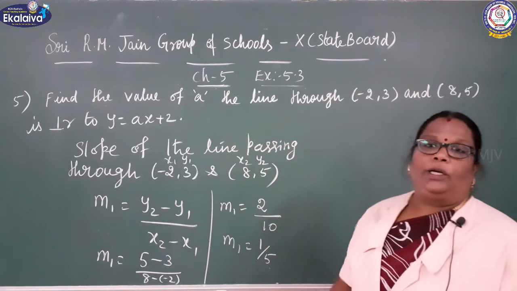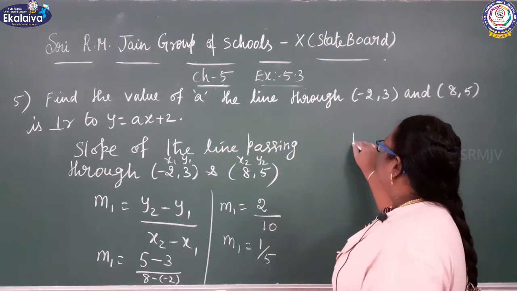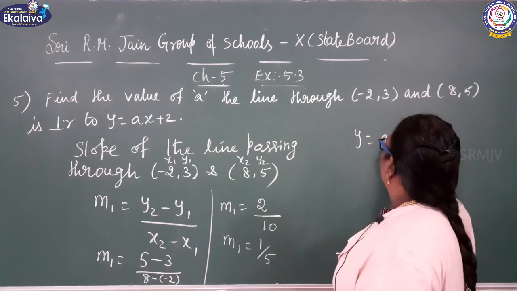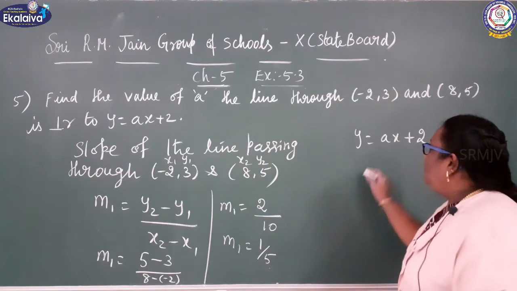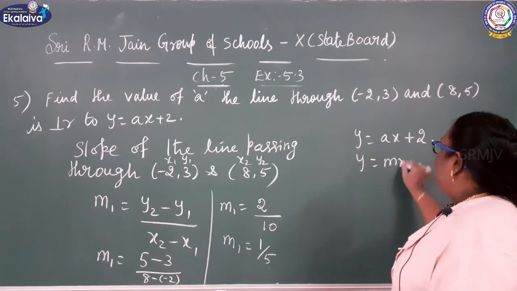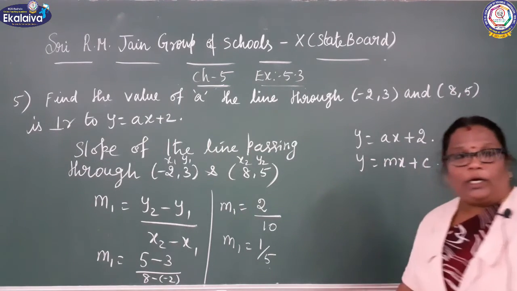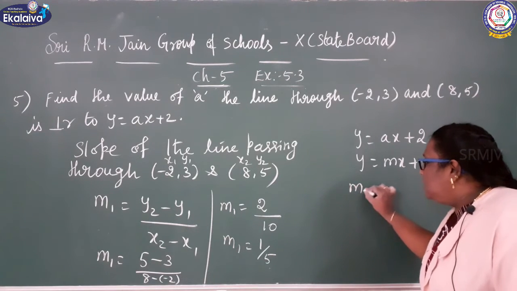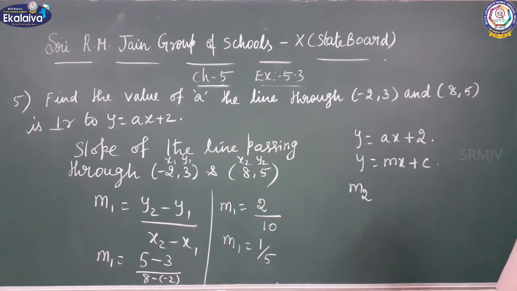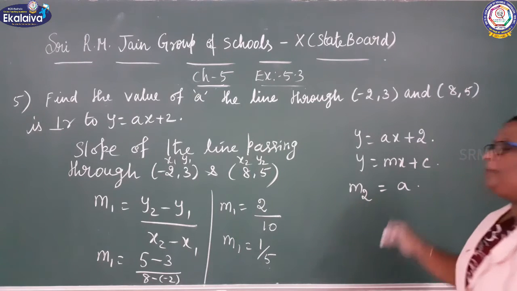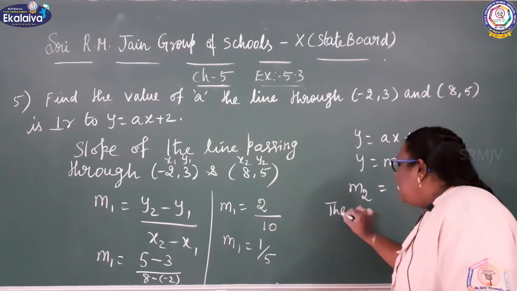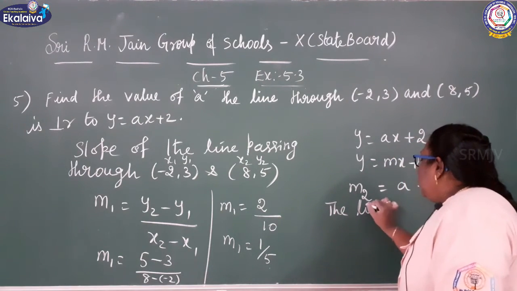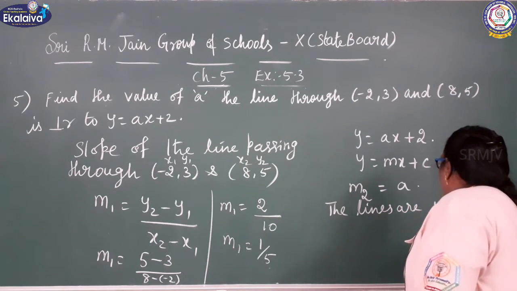Next, perpendicular to y equal to ax plus 2. What is the formula? y equal to mx plus c. You can take this as m2, so m2 equal to a. They are telling that the lines are perpendicular.